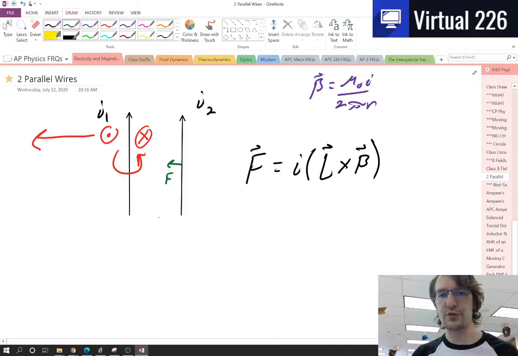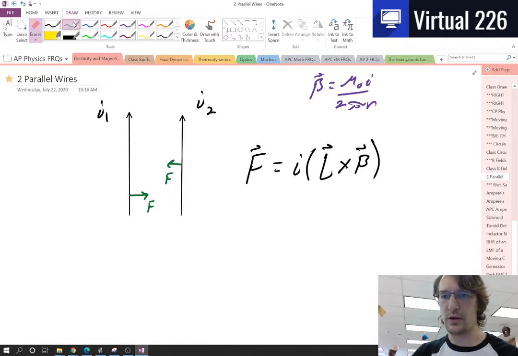Well, forces can't be by themselves. Forces are equal and opposite interactions, and we're actually going to see that a force is also going to pull wire 1 to the right. And this also makes sense because if I play the same game with wire 2 on wire 1, everything due to wire 2 on the right is in and on the left is out.